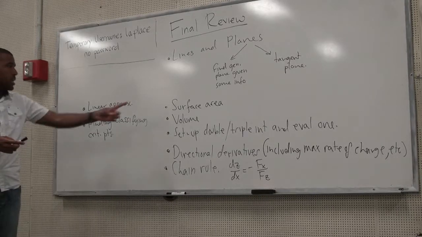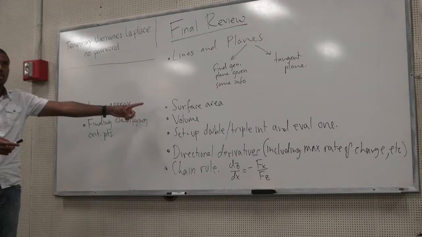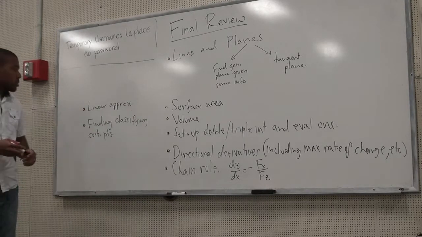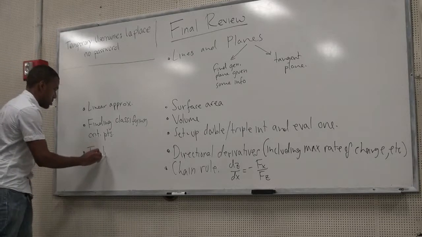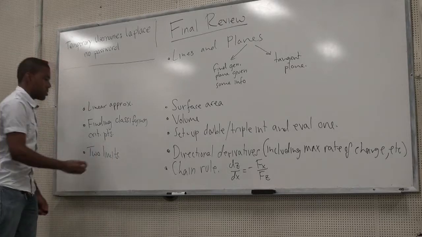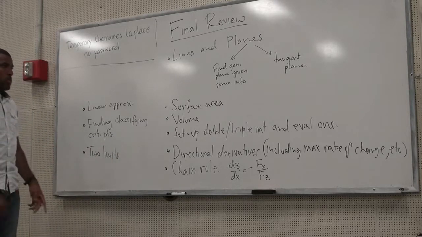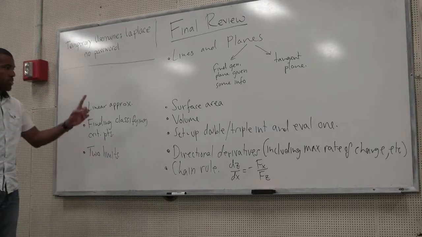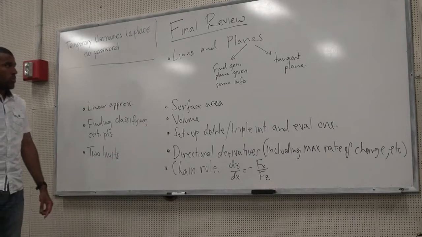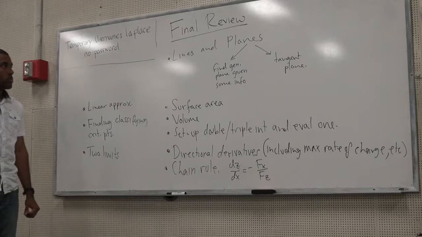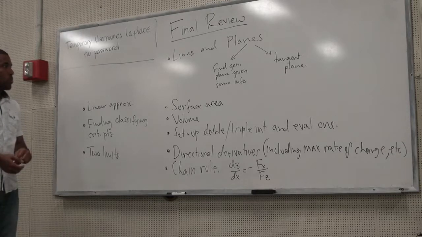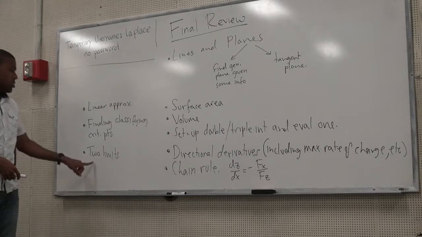I probably attached it to the surface area, but I don't remember. But yeah, I'm going to ask you about 2 limits. That would be like part B of a question. I forgot what part A was. And I also think that's in part 2.